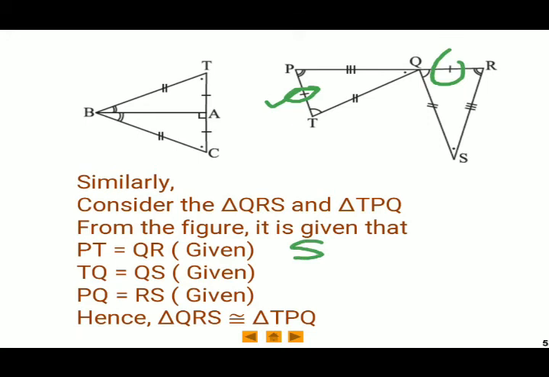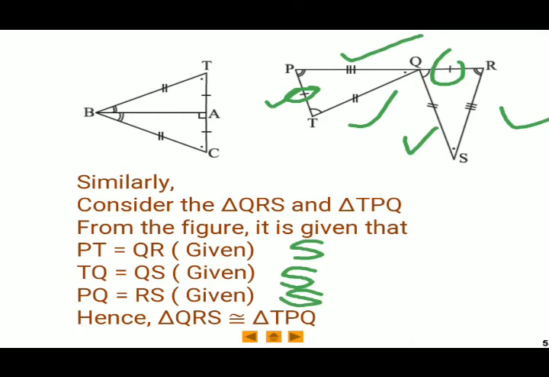After that these two sides TQ and QS are equal. So the next side we have got that they are equal. After that another, PQ is equal to RS. They are also given. So that is also another side.